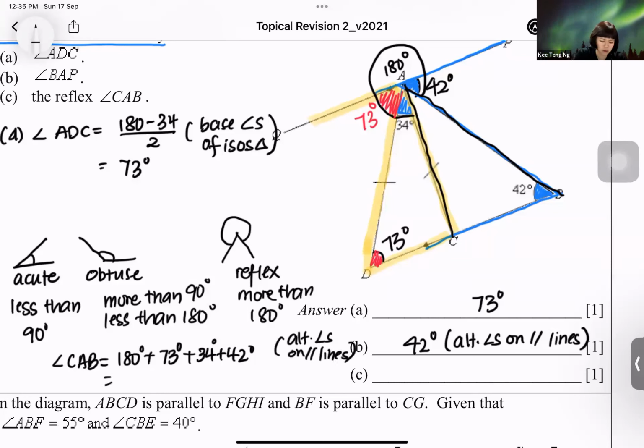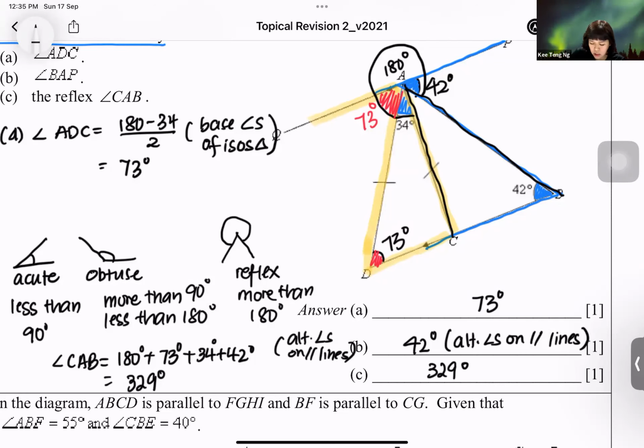Then let's write the final answer: 180 plus 73, 34, and 42. That gives me 329, which is really a reflex angle. Okay, have you gotten your answer?